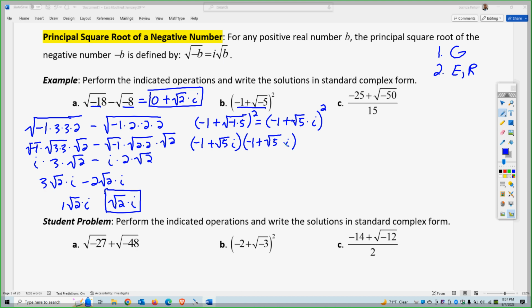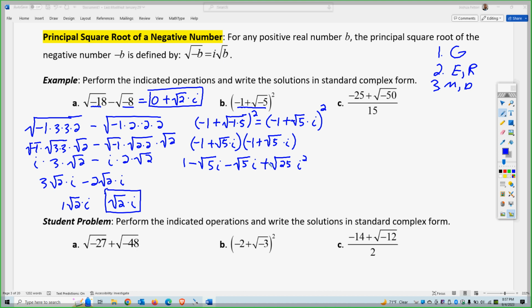Okay, now I can do level 3, which is multiply and divide. So if I multiply, I'm going to get -1 times -1 is +1, minus root 5 i, minus root 5 i. I'm electing not to write the 1 just to save some room, but probably not necessary either way. Plus root 25 i squared.